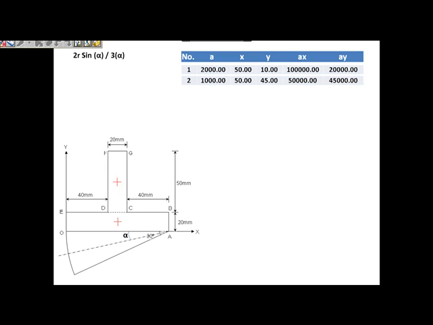Now 2r sin alpha by 3 alpha is the formula we use, and 2r sin alpha by 3 alpha is actually the distance along the dotted line from the center of the sector, that defines the location of the centroid of the sector.